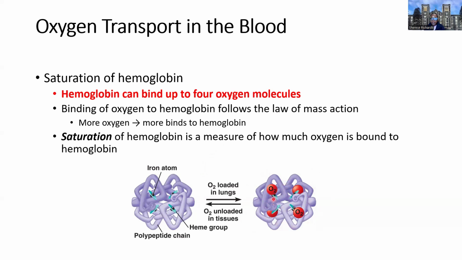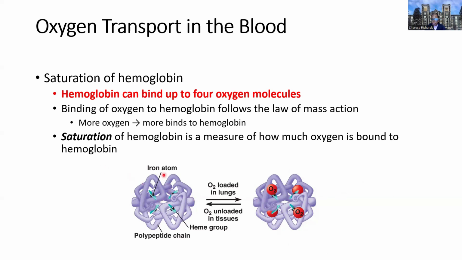If we had lower oxygen levels available, let's say in states where you are using oxygen faster than it's being supplied, you would have lower oxygen available and you would drive your equation to the left, which is towards the deoxyhemoglobin state. Now, this gradient is also important in terms of unloading and loading oxygen.